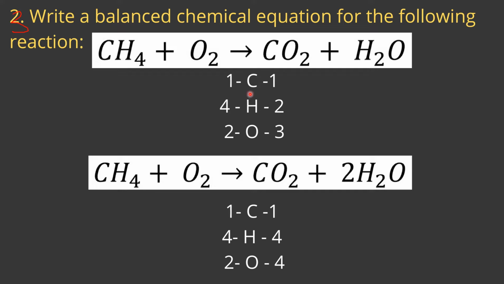You check the carbon. On the left hand side, how many carbons do I have? You see just one, and then you write it one. Then you go on this side, how many carbons do you have? It's just one. Hydrogens, you check on this, it's H4, meaning it's 4 hydrogens on this left hand side. Then you go on the other side, it's H2, so it's 2, so that part is not balanced.